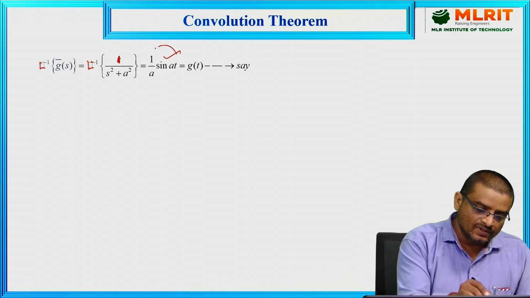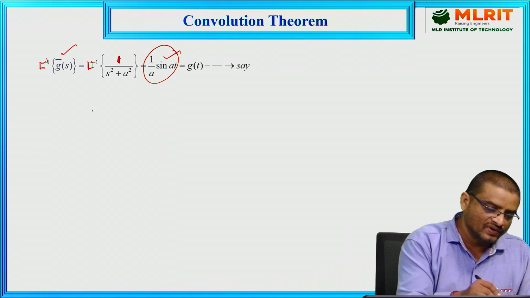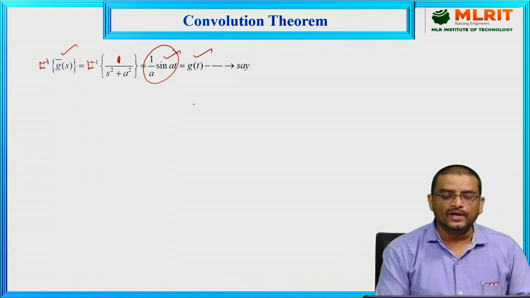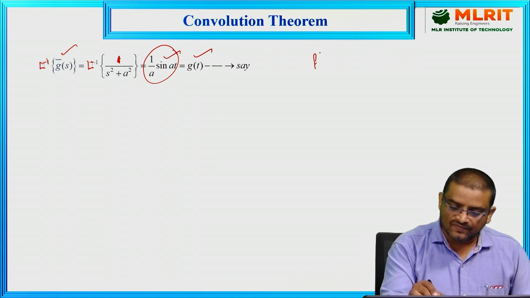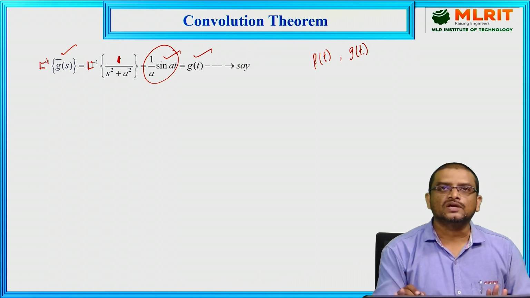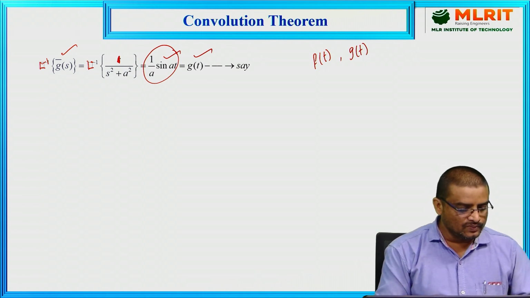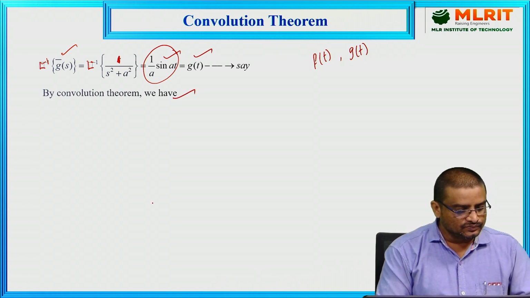Whatever value we got after applying the L inverse for g bar of s, you consider that value as g of t. Now we got the f of t value and the g of t value. So now we are ready to apply this convolution theorem. Now by using this convolution theorem, what is the statement here?